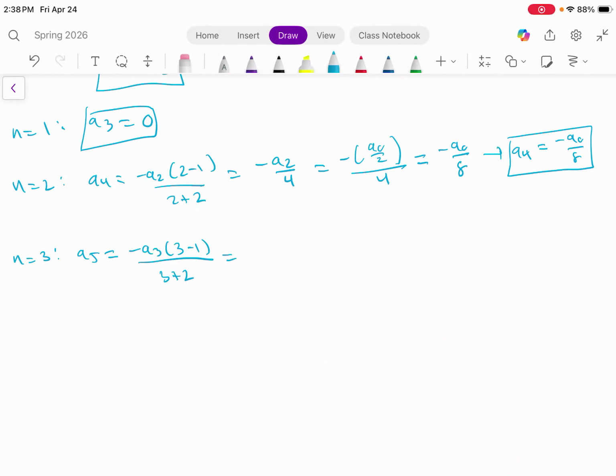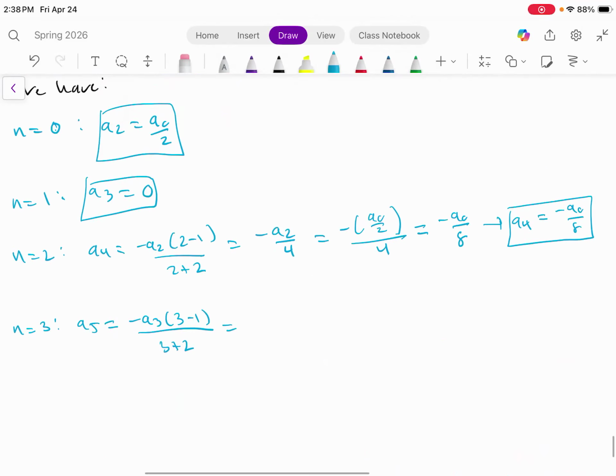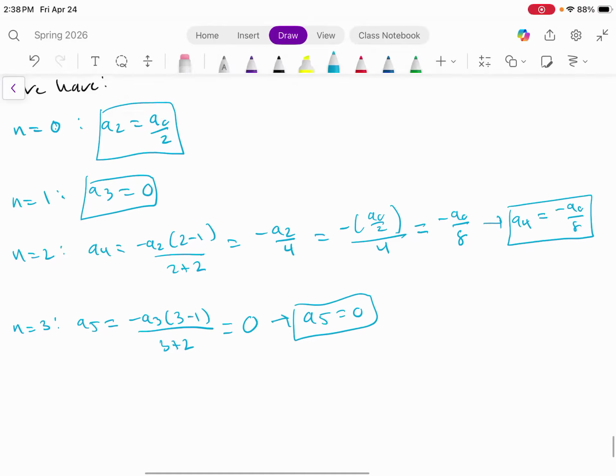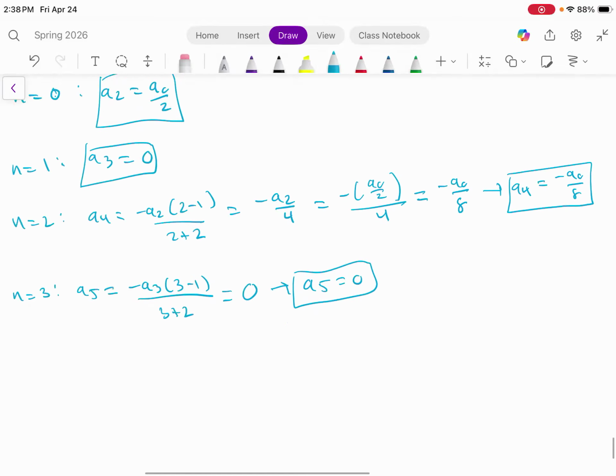And I know a3 equals 0. So that means this whole term is just going to be 0. So that means a5 equals 0. Okay, so we have a couple zeros here.